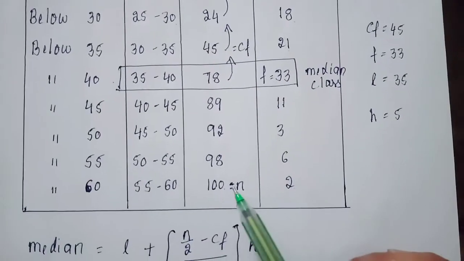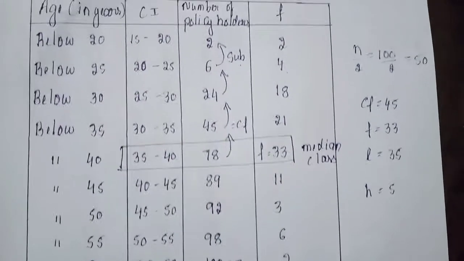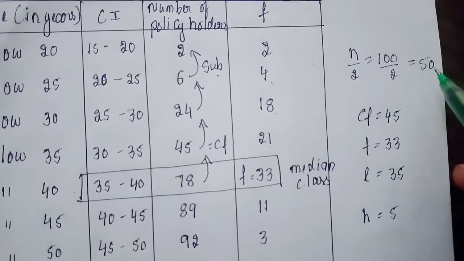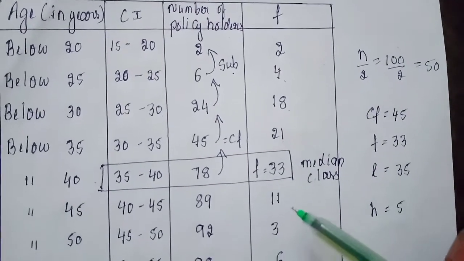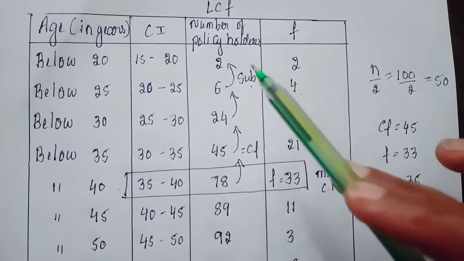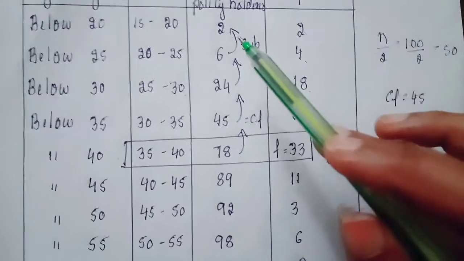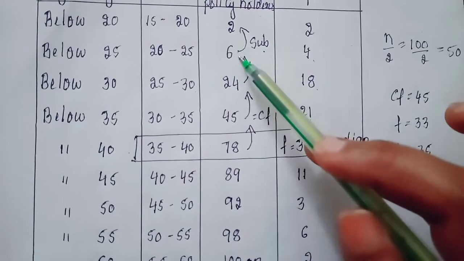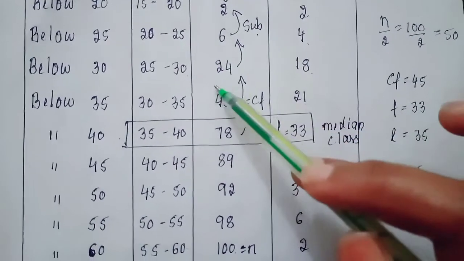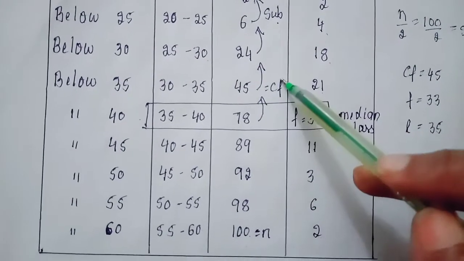What is the total number of observations? 100. So what is the median class? Divide 100 by 2, that is 50. So check 50. Where should I check? Not in F. We have taken LCF to check this 50. So where will 50 fall? Check it. Up to 2 is the first class interval. 3 to 6, second. 7 to 24 in the third. 25 to 45 in the fourth.